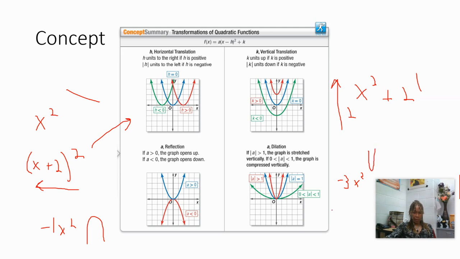And if I multiply it by 1/3 or -1/3, in which case the absolute value of a is a fraction between 0 and 1, negative or positive, so say I multiply it by -1/7, it's going to be very wide, upside down because it's negative, and very wide. All right, so you need to be comfortable with those concepts.